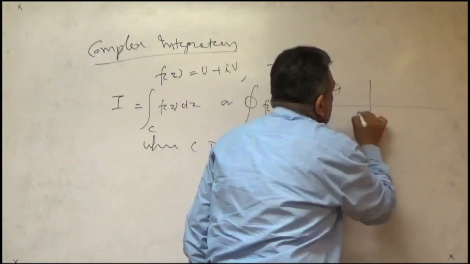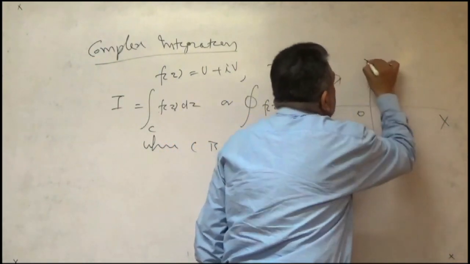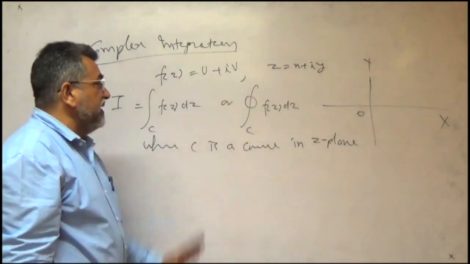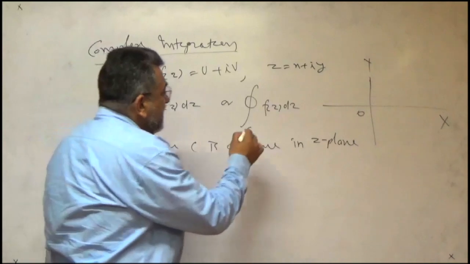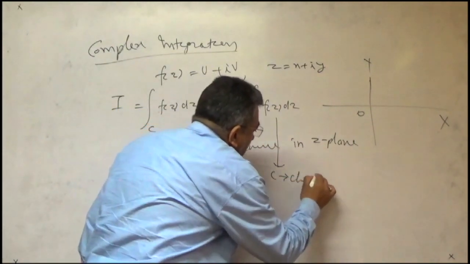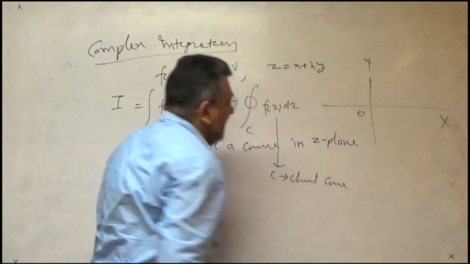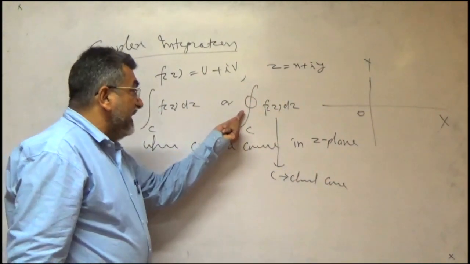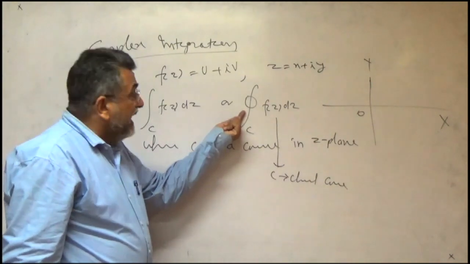This is the complex plane, with origin, x-axis meaning the real axis, and y-axis meaning the imaginary axis. Then C is a curve. If C is a closed curve, meaning the initial and final points coincide, then we take this type of notation for integration.